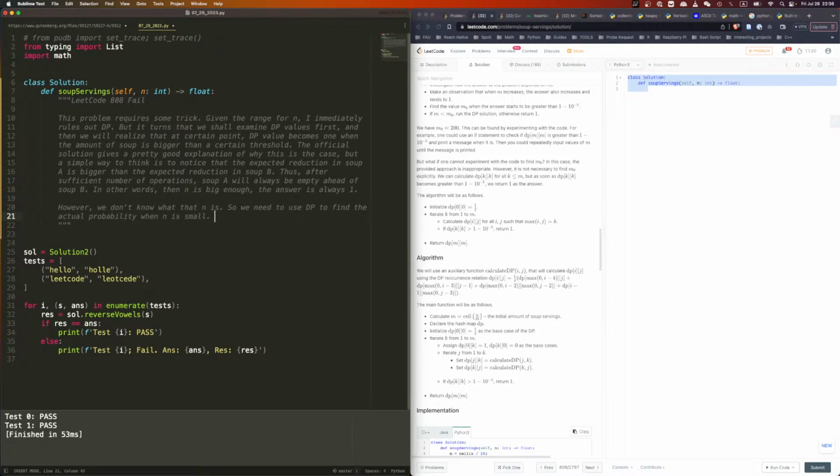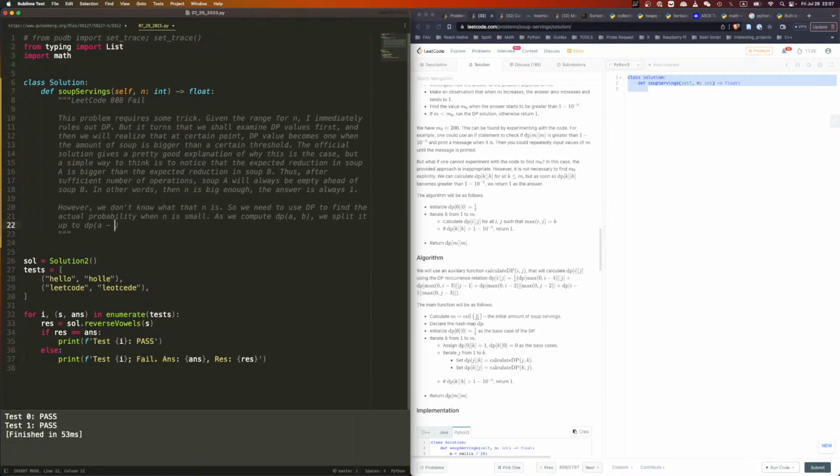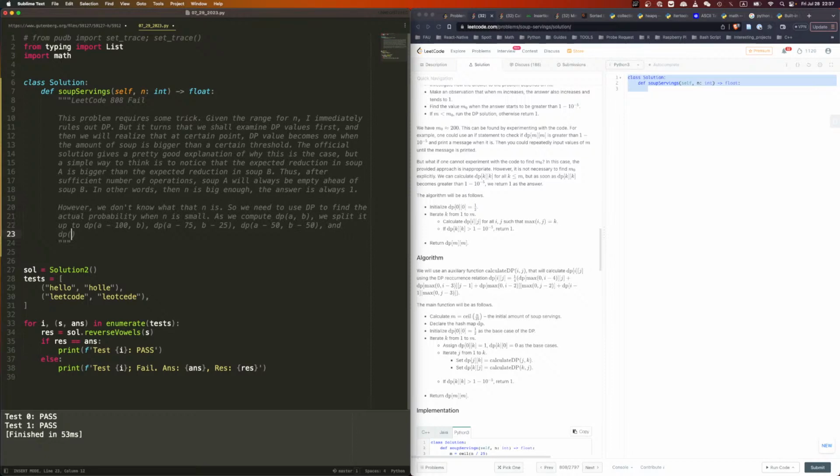And it's small. So as we compute dp[a][b], right, we split it up into dp[a-100][b], dp[a-75][b-25], dp[a-50][b-50], and dp[a-25][b-75].